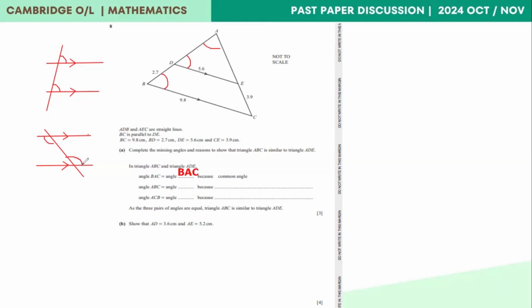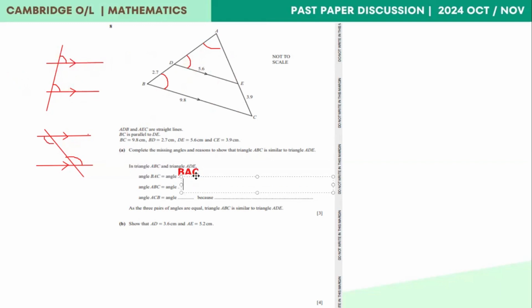So whenever you see two parallel lines and they talk about angles, you should search for corresponding angles and alternate angles specifically. So angle ABC is equal to angle ADE because of corresponding angles.